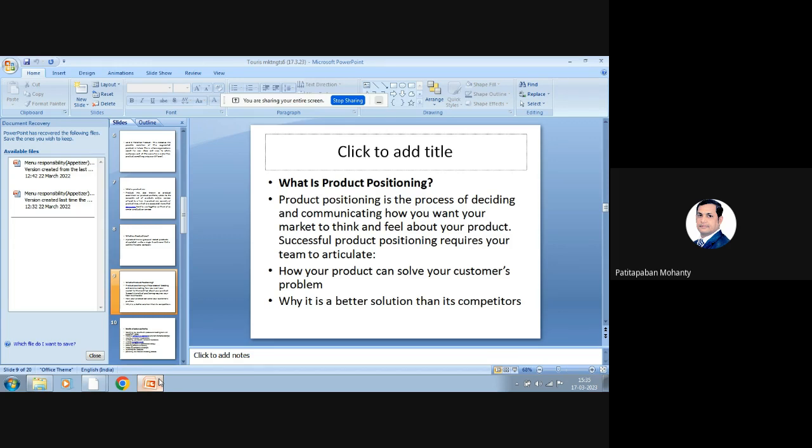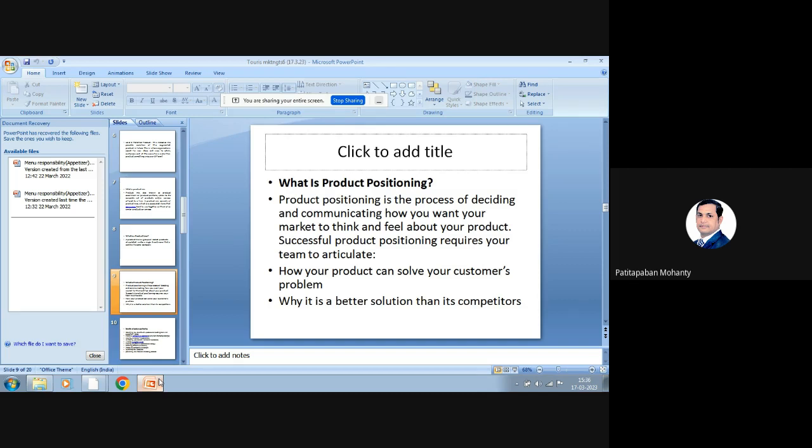Positioning is a very scientific term, sometimes also called a management term, that you should know during the product designing process: how you can position your product so that it will penetrate into the market, and consumers will come to know about the launching of that product and think about your product.